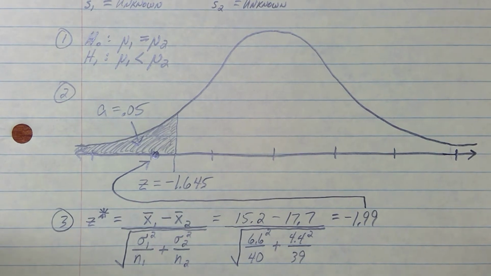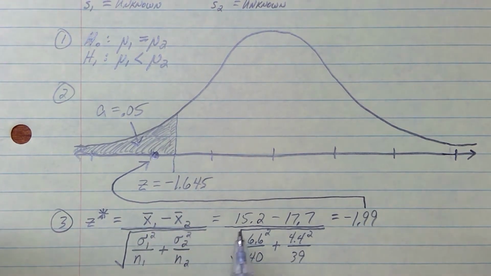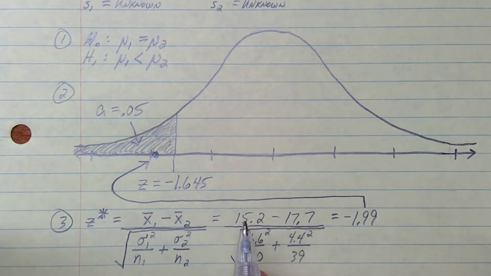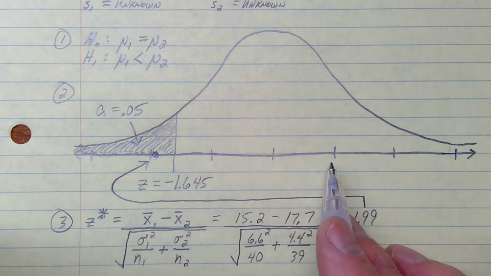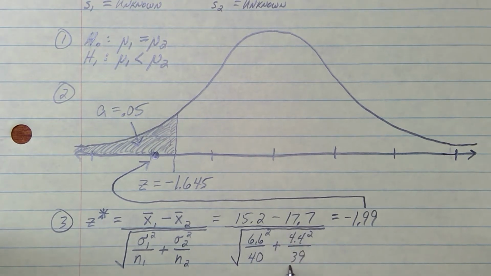All right, next we got to run our test. Based on our samples, based on the 15.2% older people minus the 17.7% younger people, using my sample data information, I'm going to run this test, and I'm going to take my numbers and change them into a 0, 1, 2, 3 z number. This is a conversion formula.